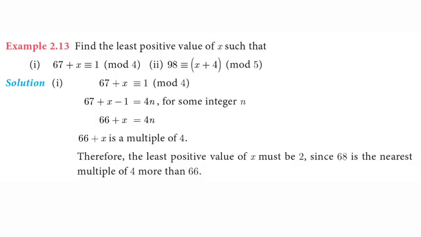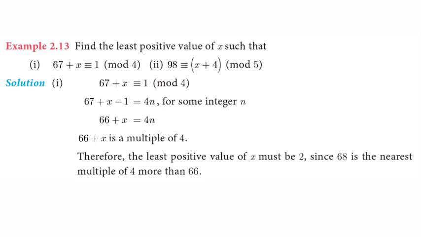Next example 2.13. Find the least positive value of x such that first, 67 plus x is congruent to 1 mod 4, second, 98 is congruent to x plus 4 mod 5. First one, solution: 67 plus x is congruent to 1 mod 4.